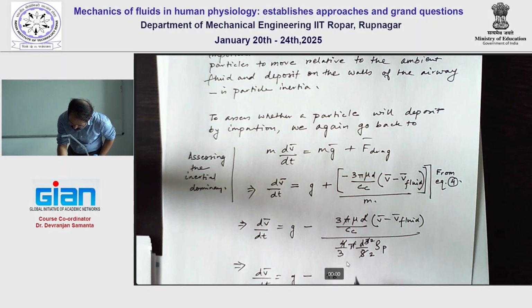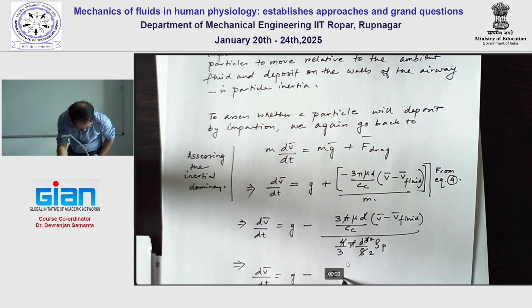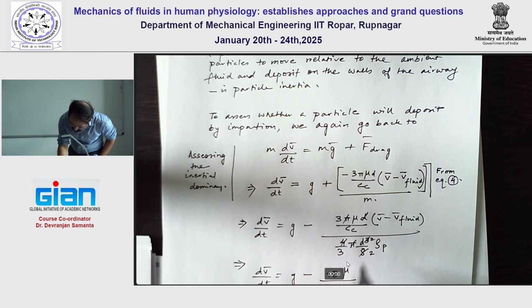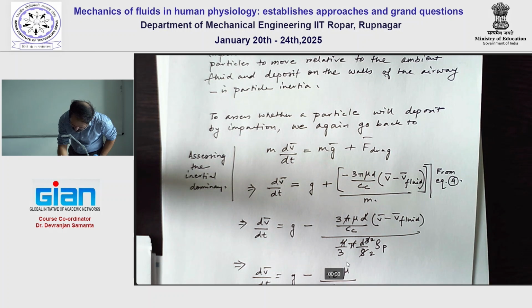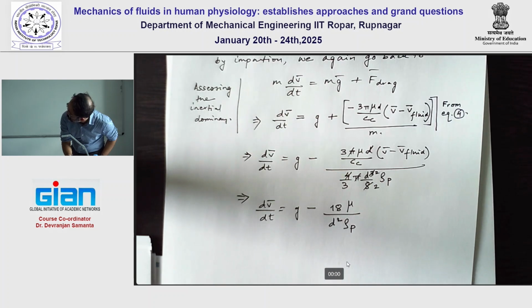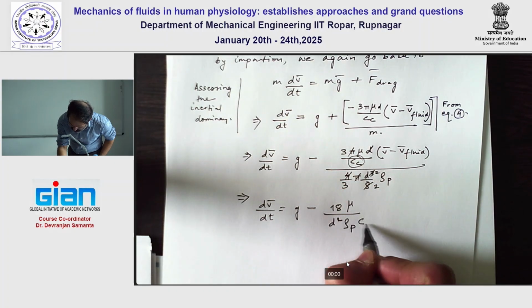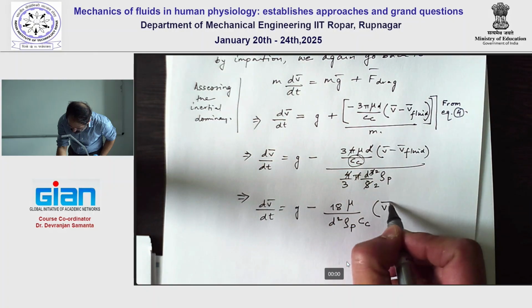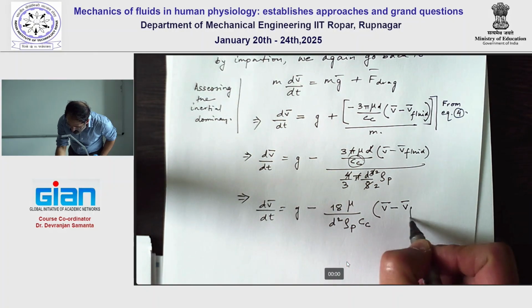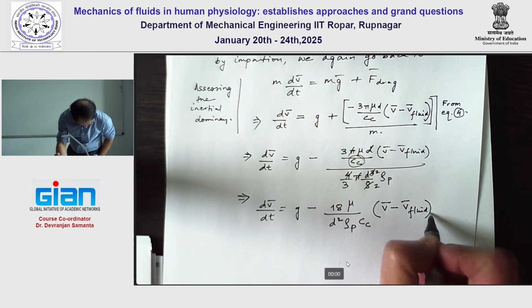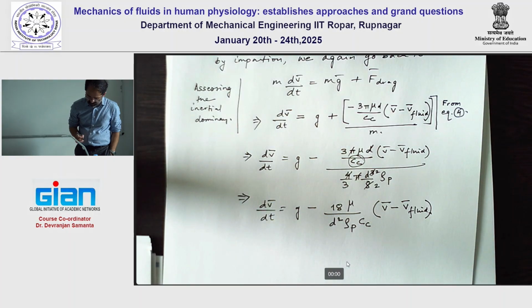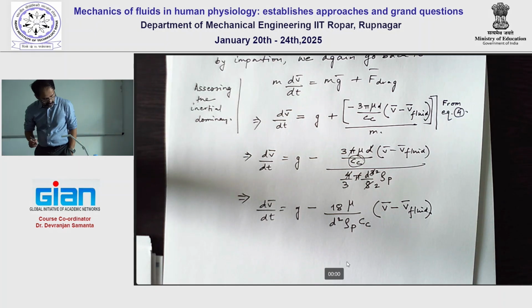So the 18 factor comes from here, so 18 mu divided by d squared rho particle, and then the Cc correction factor is here. This multiplied by (v minus v fluid). Tell me if I miss anything here. So 18 mu divided by d squared rho particle Cc times (v minus v fluid).